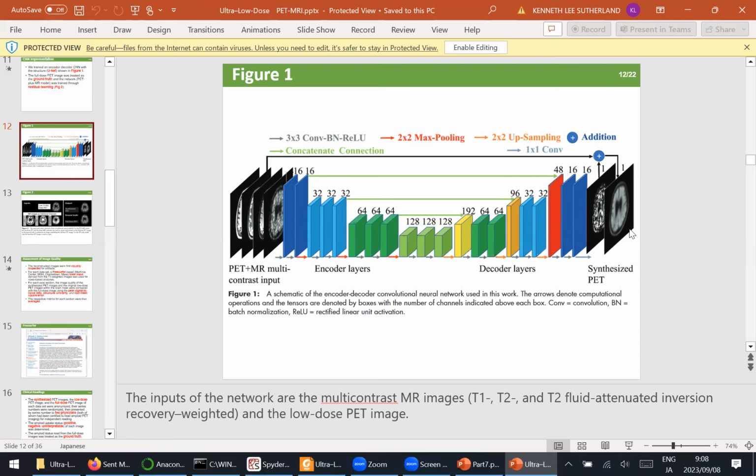Anytime a doctor prescribes a PET image or a CT image or any kind of X-ray image, they're very cautious with children. So I think this is a very positive, good application for AI, low dose imaging.